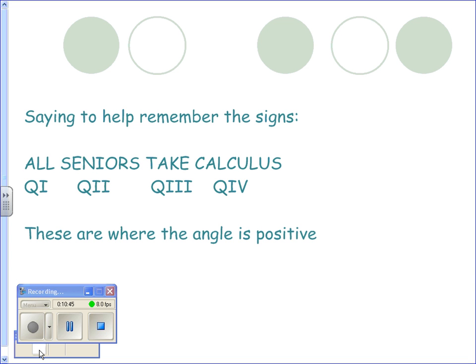This is going to be where the angles are positive. A goes in quadrant what? S goes in which quadrant? T goes in which quadrant? And C goes in the fourth quadrant. All seniors take calculus.